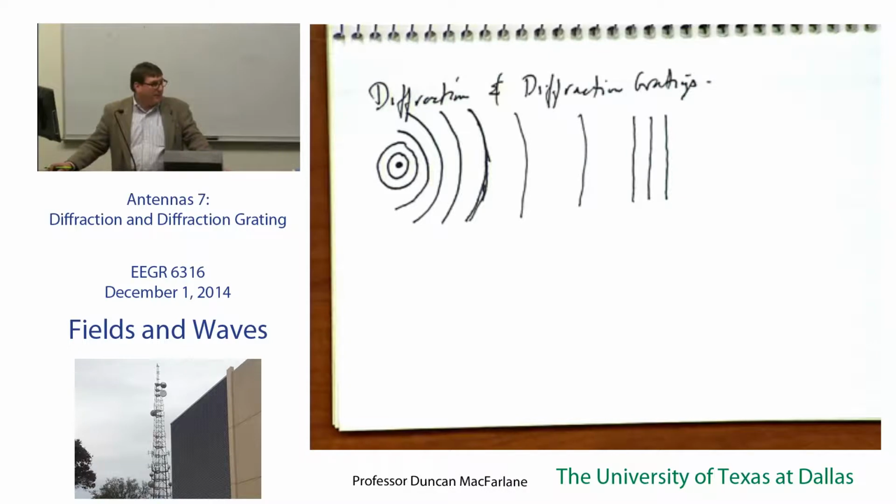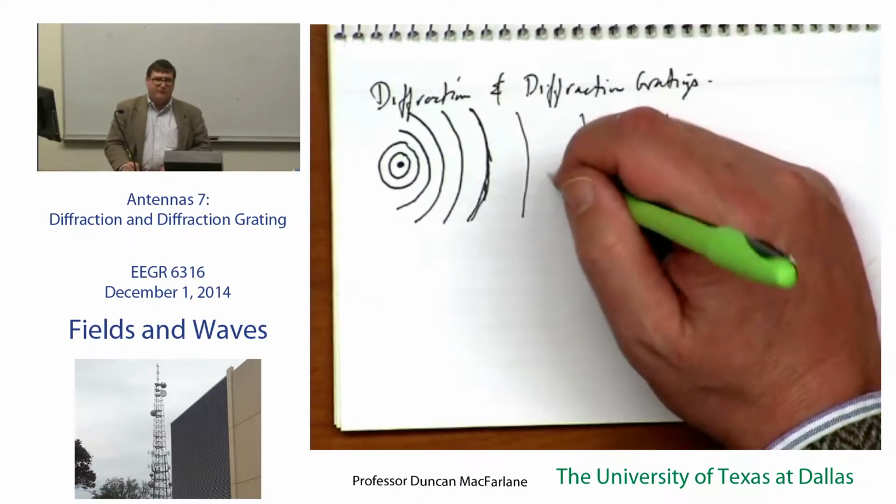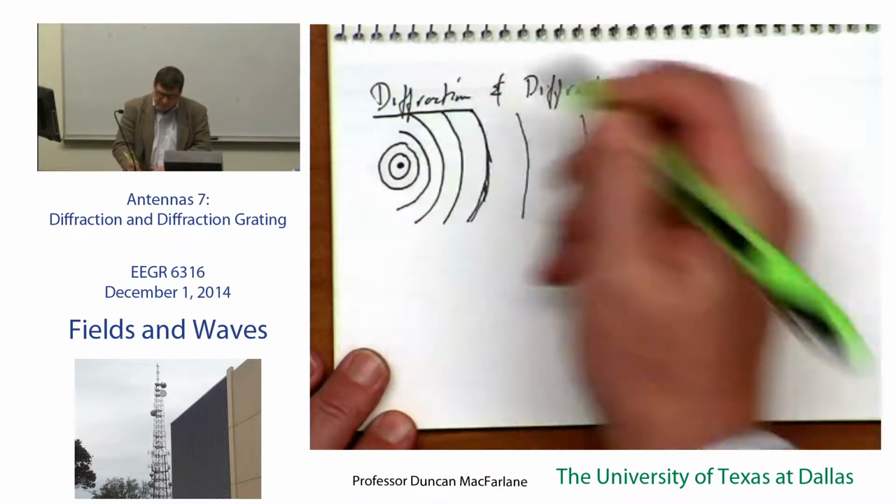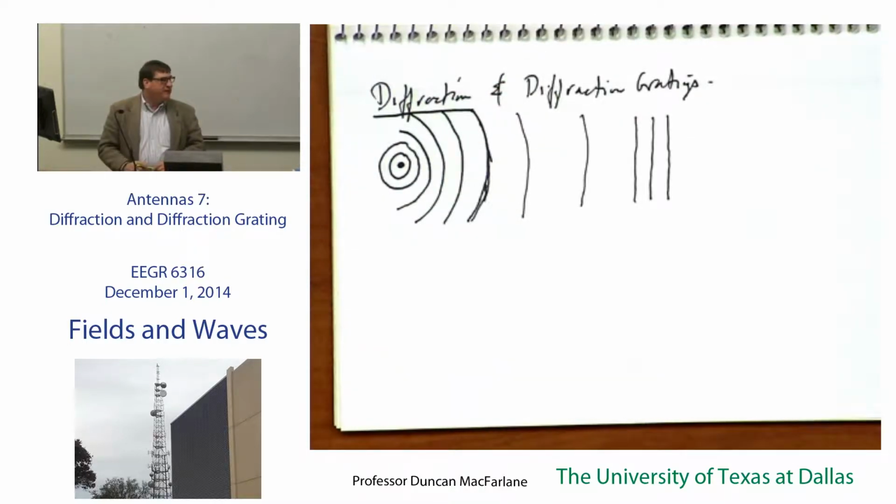Okay? If you perturb this by sticking in a metal piece or metal plate or some edge on this, then you'll get a diffraction, and you'll get a new source of spherical wavefronts.